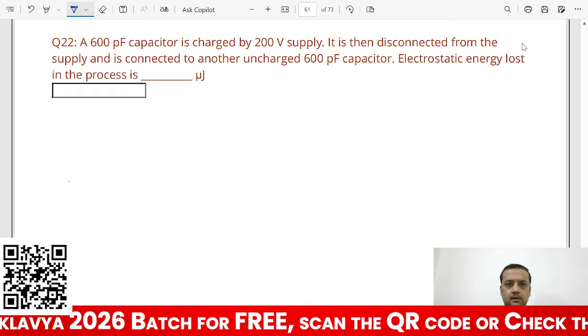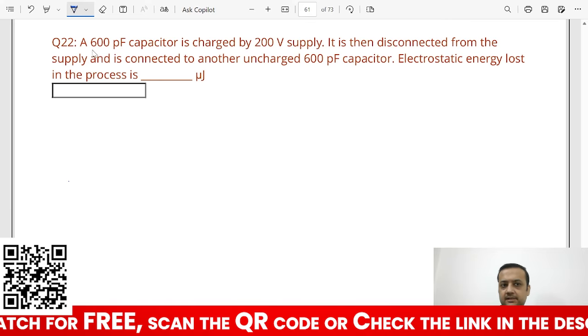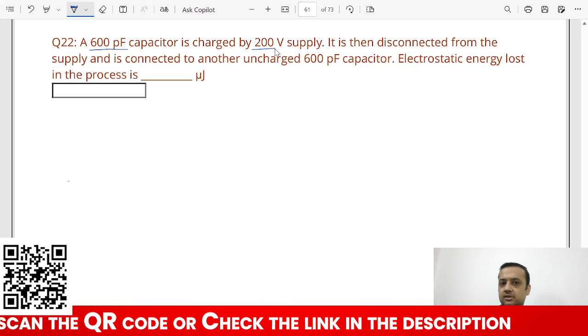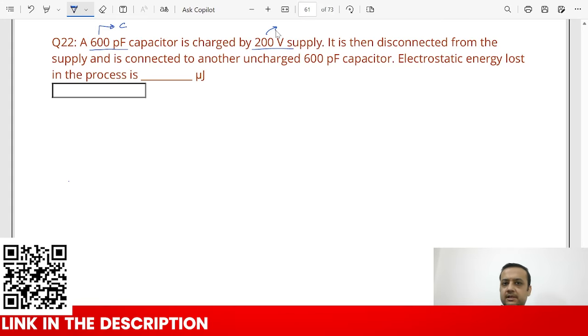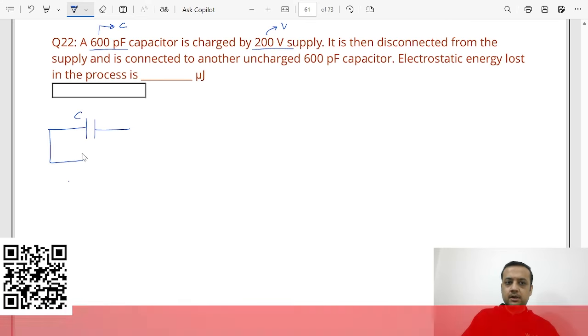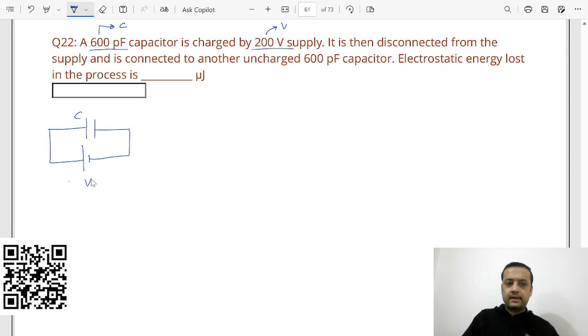All right. Now in this question, there is a 600 picofarad capacitor which is charged to a 200 volt supply. For now, let's call this capacitance C and the voltage V. So basically this capacitor is C and it has been charged to V voltage. So how much charge will it get? It will get charge CV. Now what we are doing, we are detaching this capacitor and connecting it with another identical capacitor.